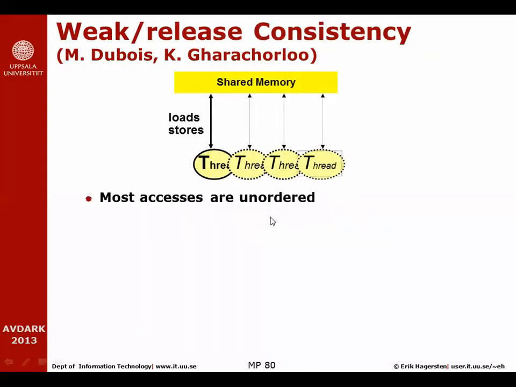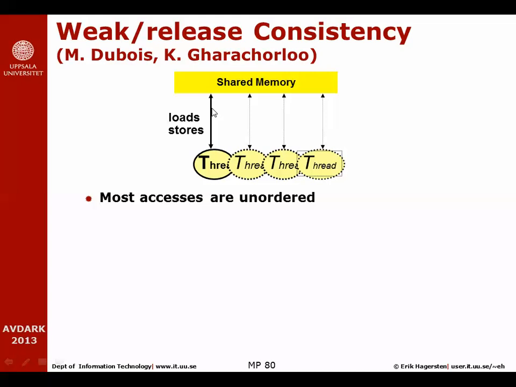There are lots of even weaker memory models. There is something called weak consistency or release consistency, or weak memory models and release memory models. They were proposed by Michel Dubois and Kourosh Gharachorloo, respectively. And here, in a simplified picture, what's going on is that we don't guarantee anything.